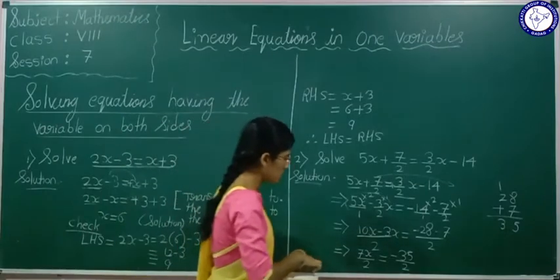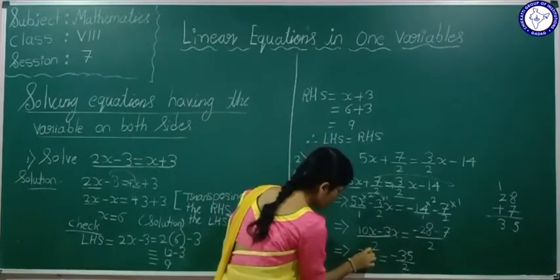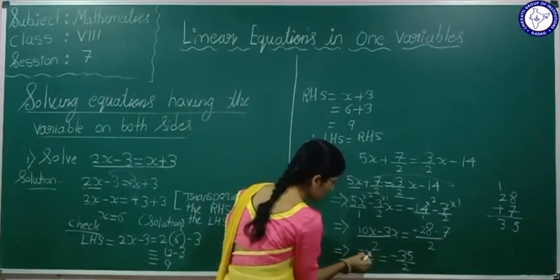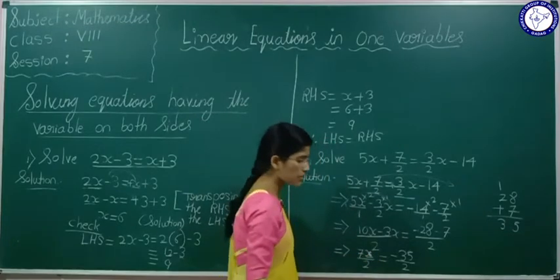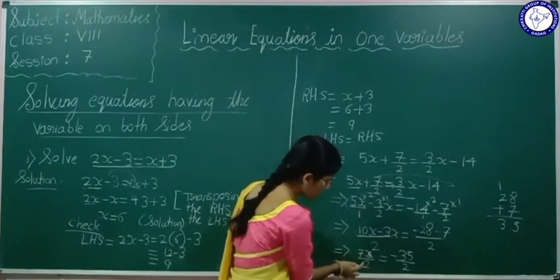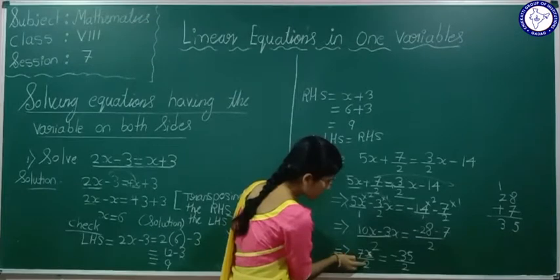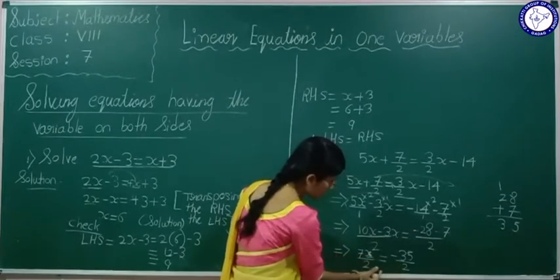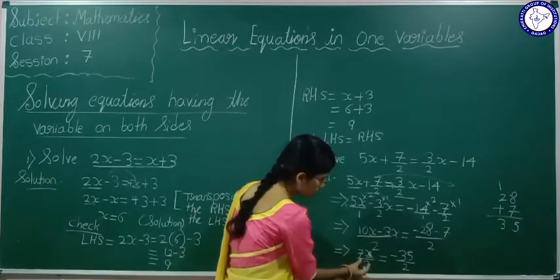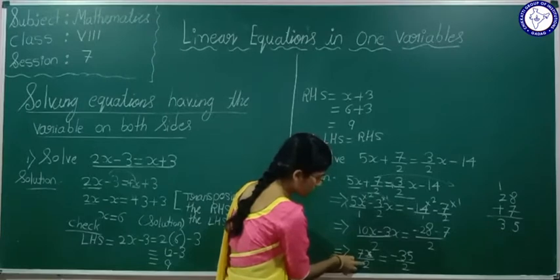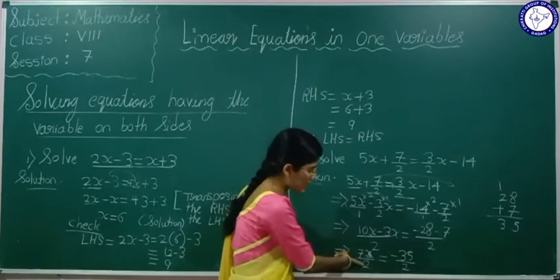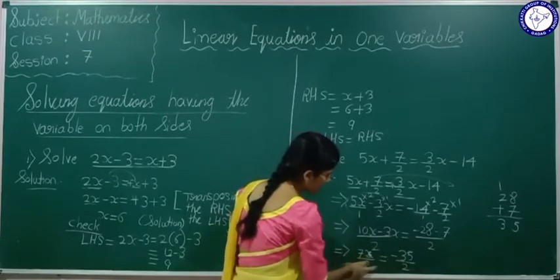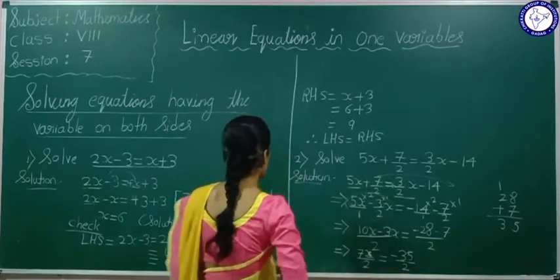Now see here, we want to know the x value, right? We want to find out the solution here. Here divided by 2, here divided by 2 is there. What we will do, we will eliminate this 2 from here. How will we eliminate it? By multiplying both sides by 2.